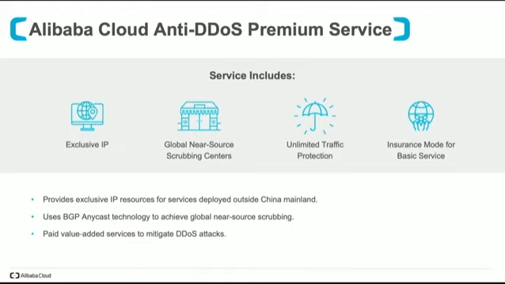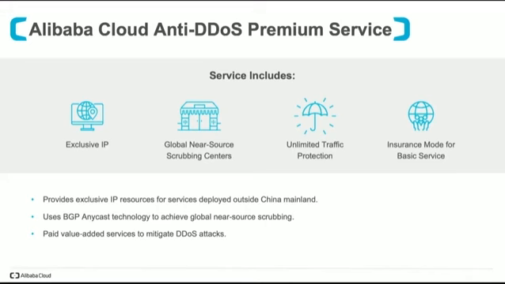One, it has exclusive IP. Each customer can have their own exclusive IP address, which will segregate their environment from the noisy neighbors. Because if you're using Anti-DDoS, more than likely there are certain threats that you're facing, and from time to time, the website will get certain levels of attacks. Hence, if someone else is running on the same node as you are, then more than likely your attack traffic will overflow.